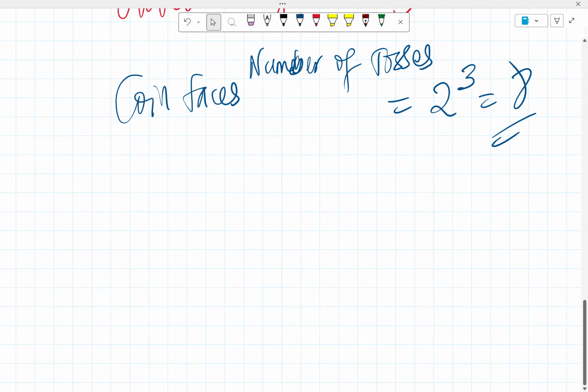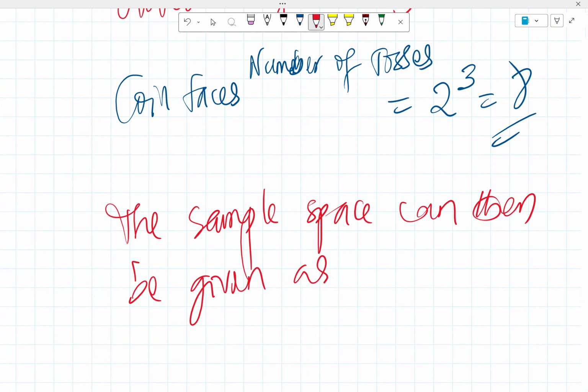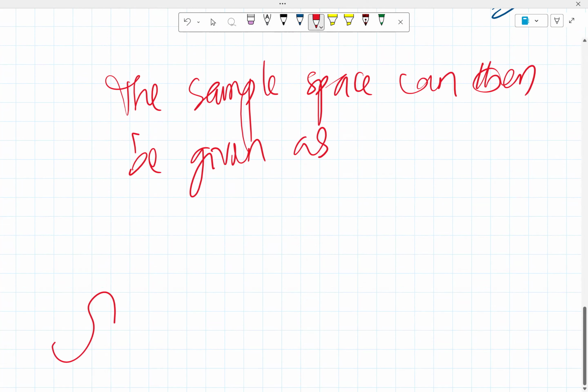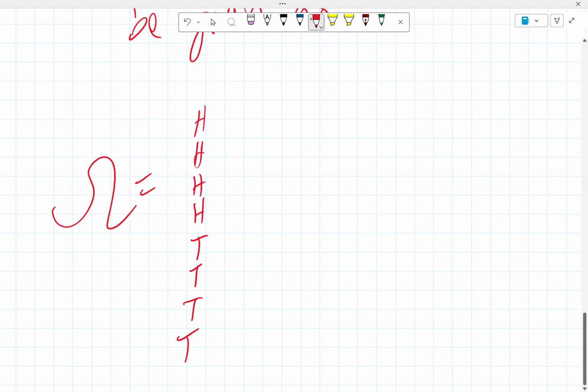And for those outcomes, the sample space can then be given as what I was taught back then, right? You have omega, and because it's 8, you write head 4 times. 1, 2, 3, 4. Write tail 4 times. 1, 2, 3, 4. Then apart from that, now write them in twos.